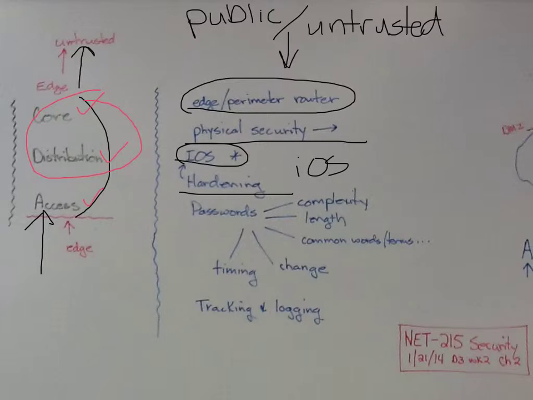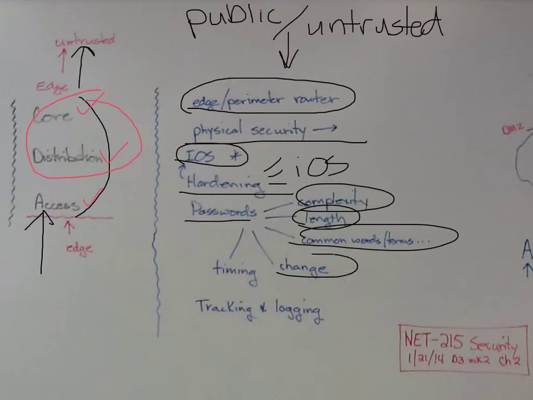And we also talked about hardening the equipment outside of keeping the IOS updated. Don't run services you don't need, and so forth. We went through passwords, the idea of the complexity, the length, common words, the changing, timing, and so forth.